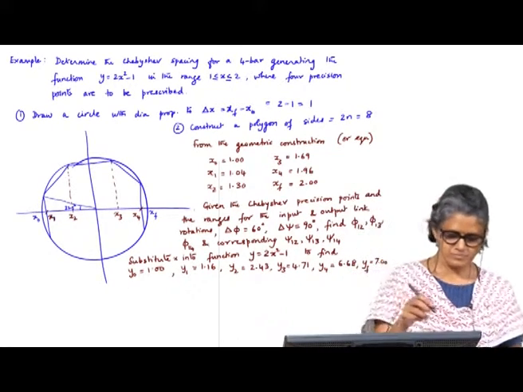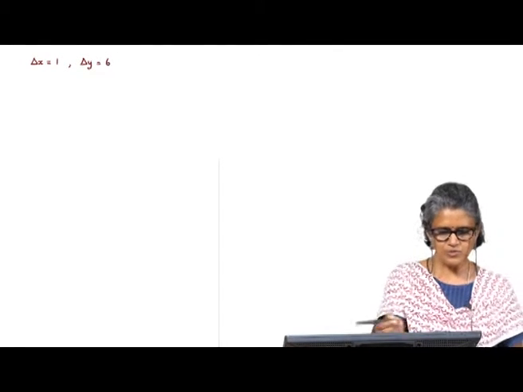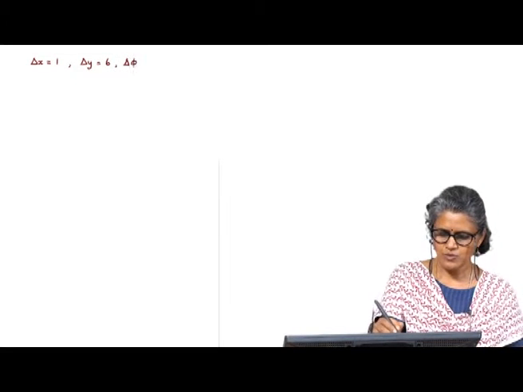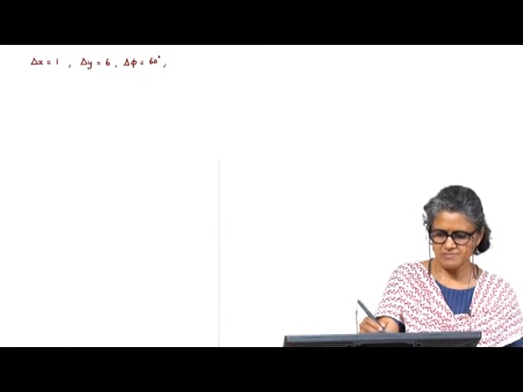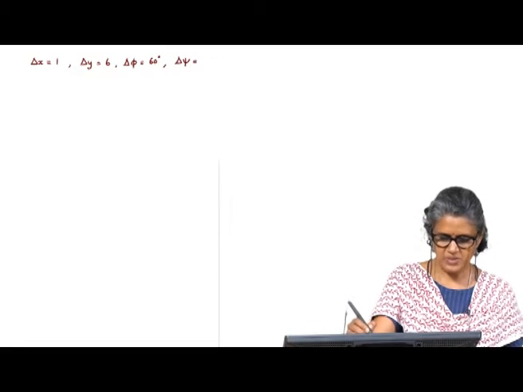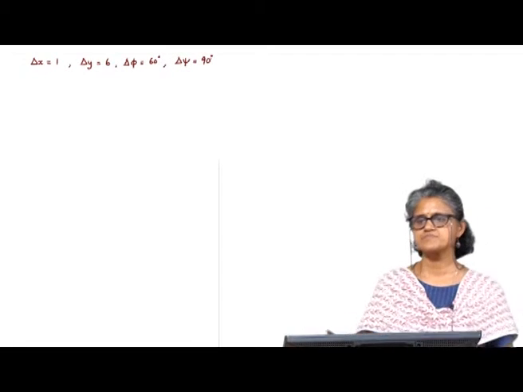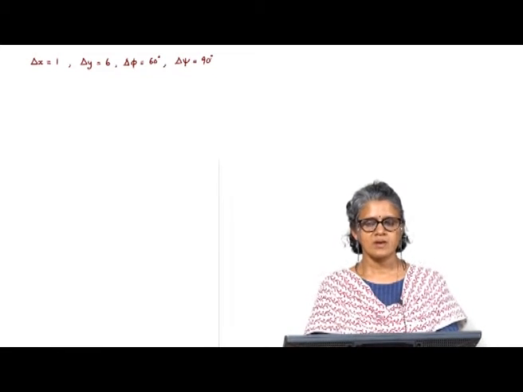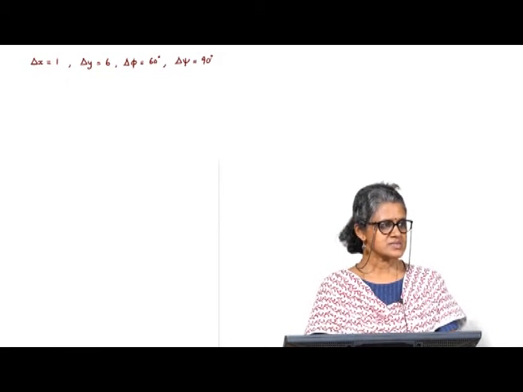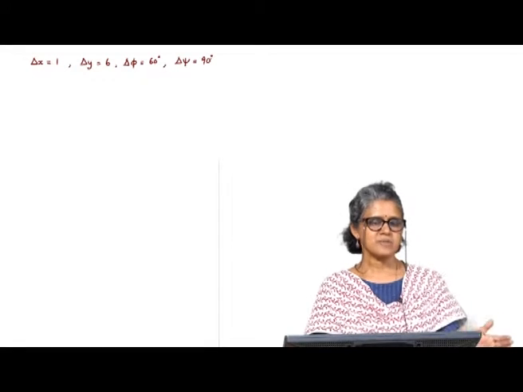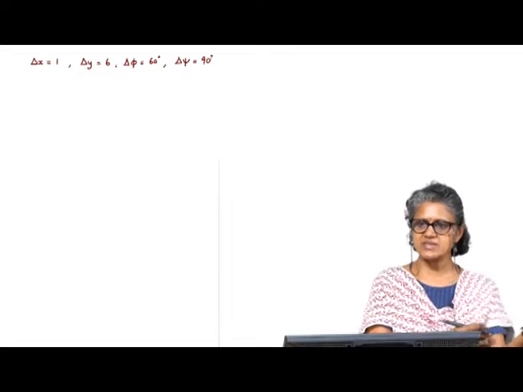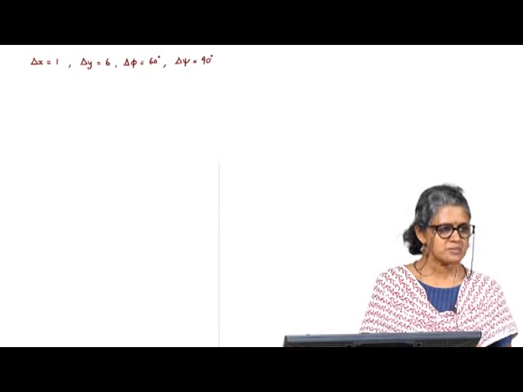Okay. So, now I know my delta x equal to 1, my delta y equal to 6, and I am told that delta phi should be 60, delta psi should be 90. So, I can find my scale factors. I am assuming a linear relationship between x and phi, similarly between y and psi.